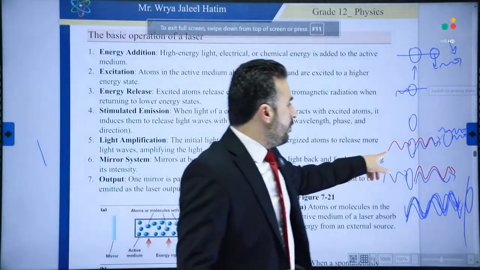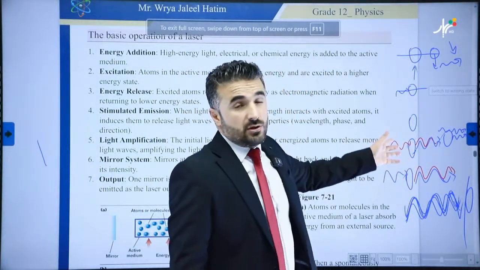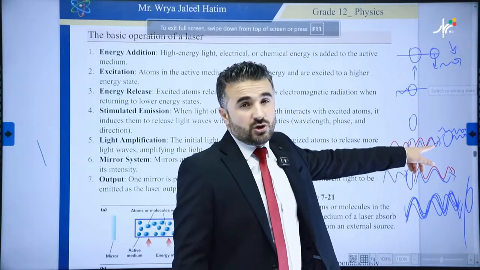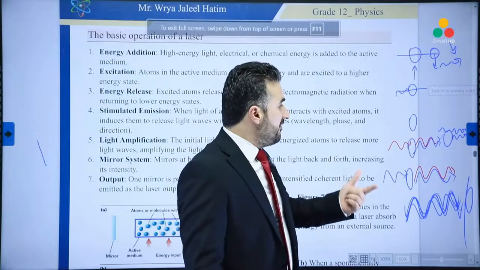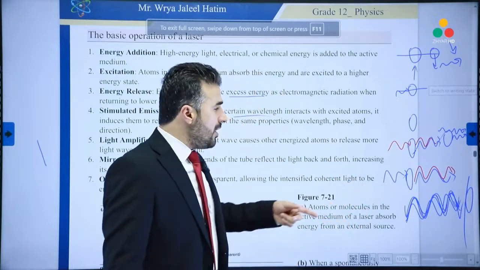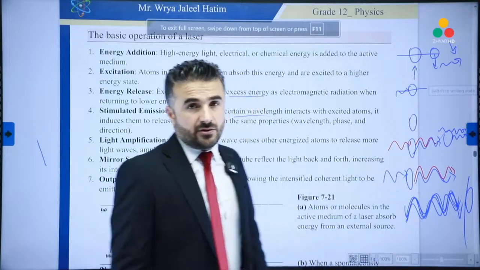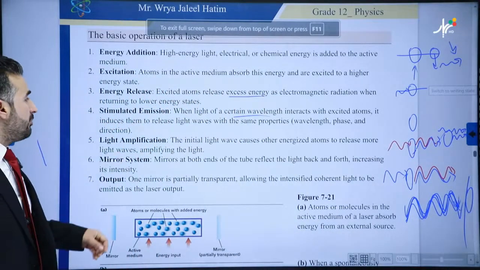When an electromagnetic wave of a certain wavelength encounters one of these excited atoms, the atom releases two electromagnetic waves of the same wavelength and same phase, so these two are coherent and identical to the light that encountered the electron here.